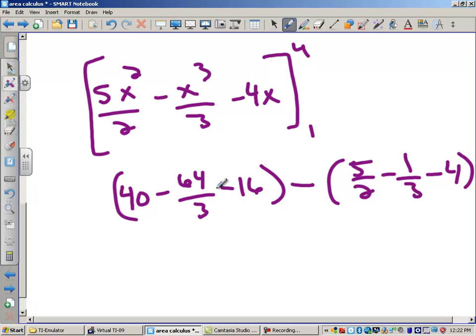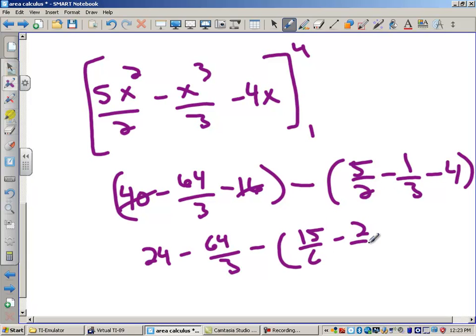40 minus 16, that's 24, minus 64 thirds. Now what happens over here? 5 halves minus 1/3 minus 4. Boy, that gets messy. Common denominator would be 6. So let's call that 15 over 6 minus 2 over 6 minus 24 over 6.